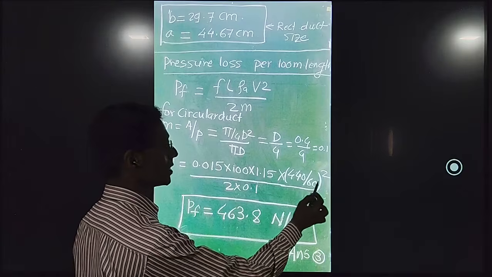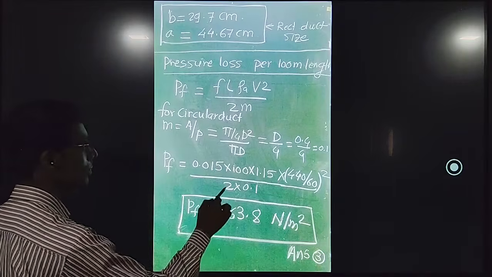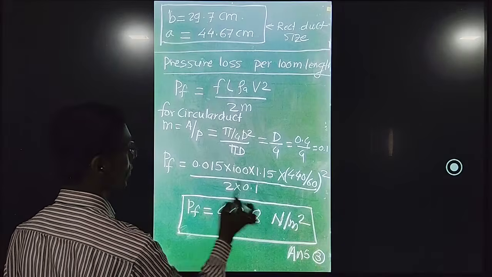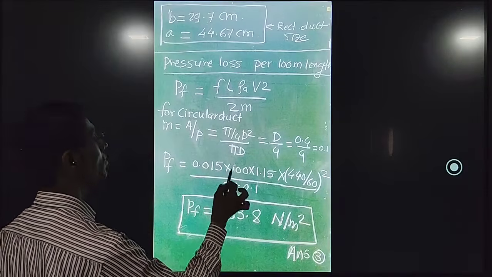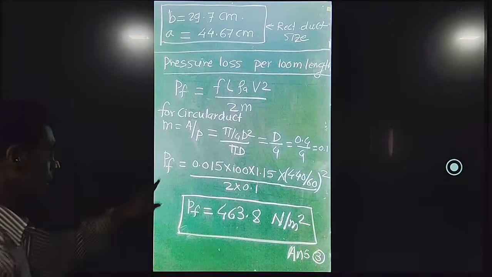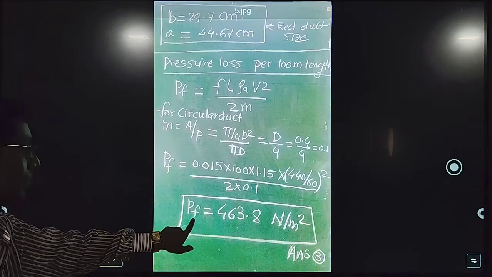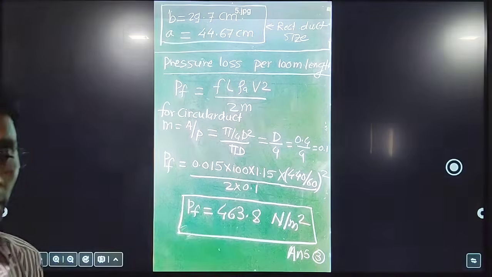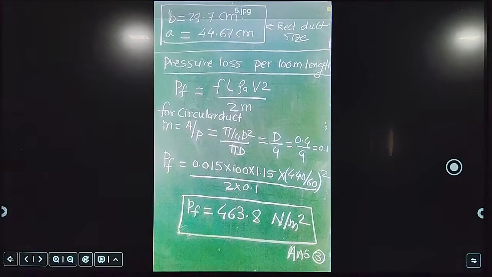And here is the velocity square divided by 2 into the calculated value of m, that is 0.1. By putting in all these values and doing the calculation, finally we get the value of Pf, the pressure loss due to friction, in Newton per meter square.